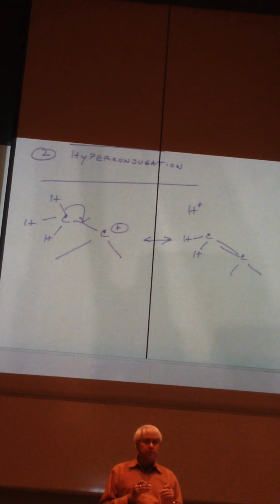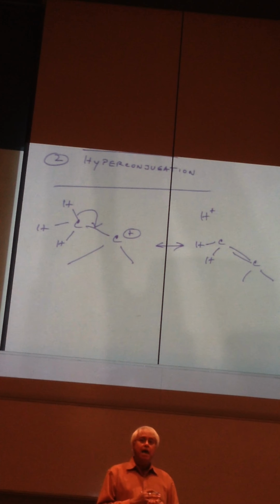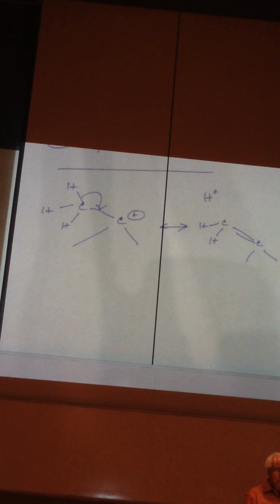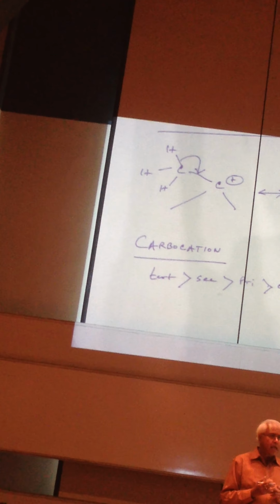It's a very tiny contribution, nevertheless, that stabilizes the cation, and we call it hyperconjugation. The stability, as I mentioned, follows the order where tertiary is more stable than secondary, which in turn is more stable than primary, and methyl is the least stable of them because it's connected to three hydrogens. Any question?